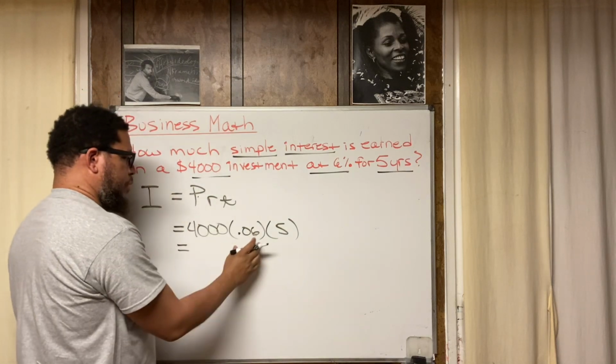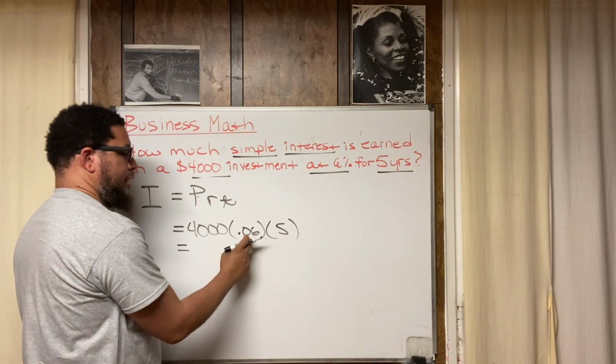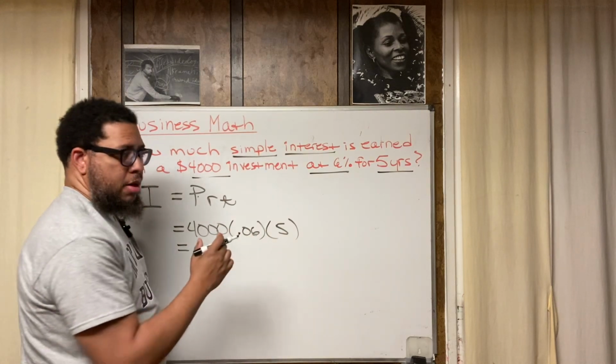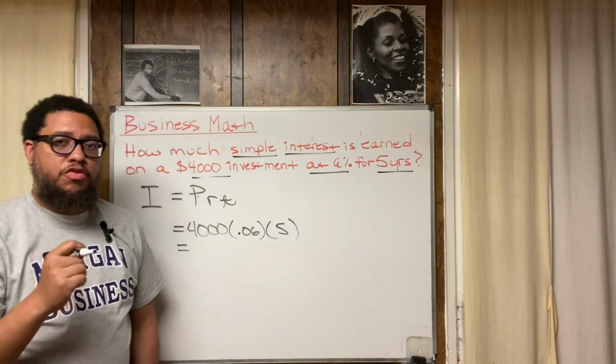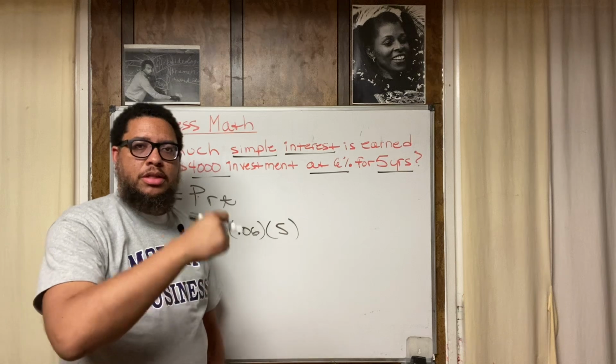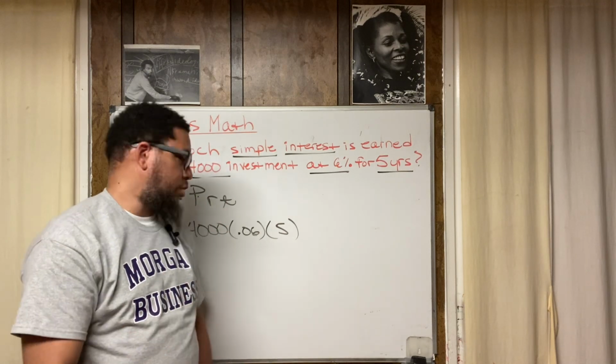Now, 4,000 times 0.06. Let me imagine it was a 6, and I would do 4,000 times 6. 4,000 times 6 would be 24,000. You made $4,000 6 times. That's 24 racks, right?